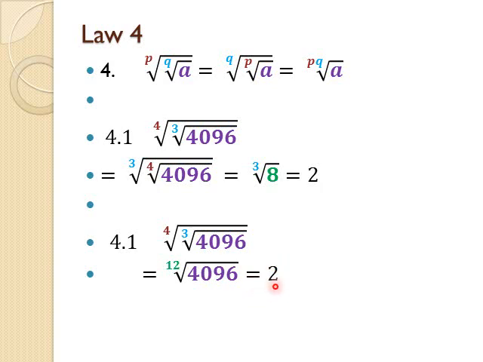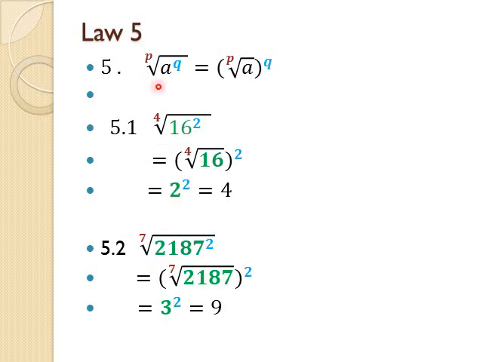Alright, we look at the last law, law 5. If I have a to the power q under the p root, I can take the q outside and find the p root of a first and then raise it to the power q. So here, 16 to the power 2 under the fourth root can be written as the fourth root of 16, take the square out.